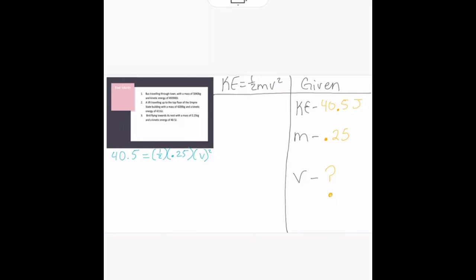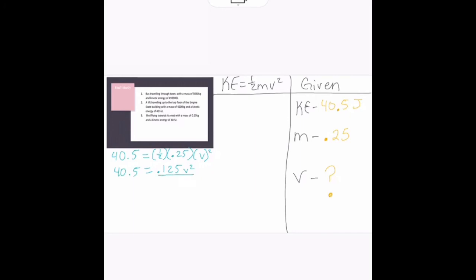So when I plug this into the calculator, 1/2 times 0.25 gives me 0.125 V squared. I'm just going to bring those two down together, and then I have 40.5 here.